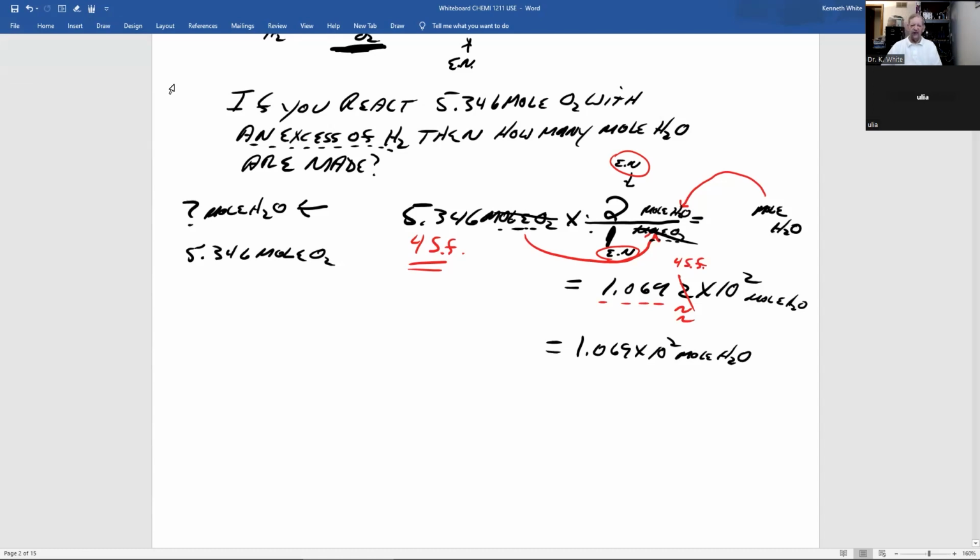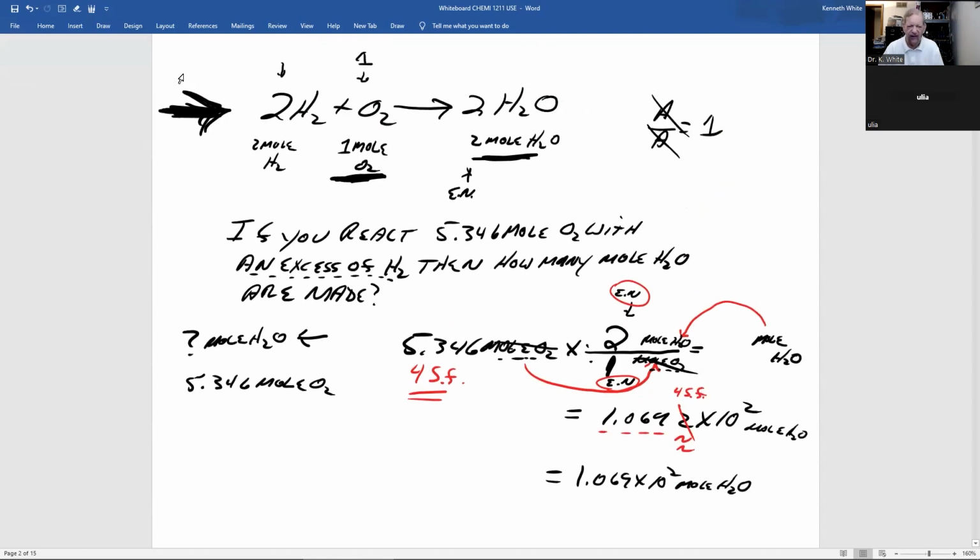And that's how you do it. Remember, the coefficients, the number in front of a balanced chemical equation, and when there's no number, it's the number 1, are molar relationships. And in this equation, 2 moles of hydrogen react with 1 mole of oxygen to make 2 moles of water.